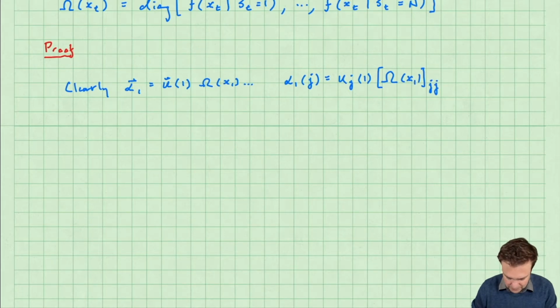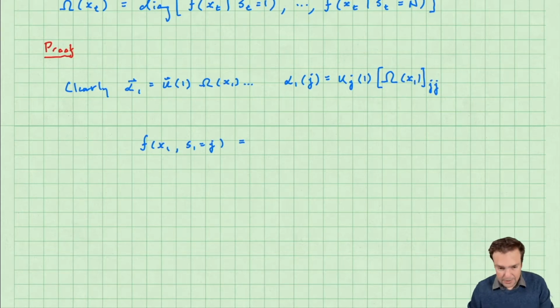So alpha 1,j, that's the same thing as f of x1 given s1 is equal to j. All right, so that's what alpha 1,j is. And then u sub j at time 1, that's f of s1 is equal to j.